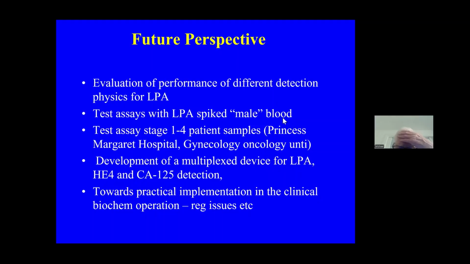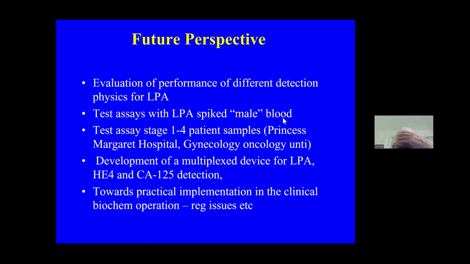But in our lab we have a couple of students who are developing multiplex systems for looking at AT4, another biomarker for ovarian cancer, and LPA, of course, that you've heard about today, and CA125, all on the same device. In our case, it's going to be a multiplex electrochemical device.